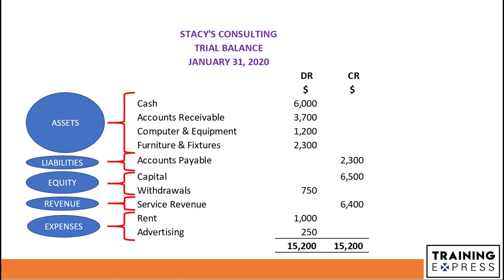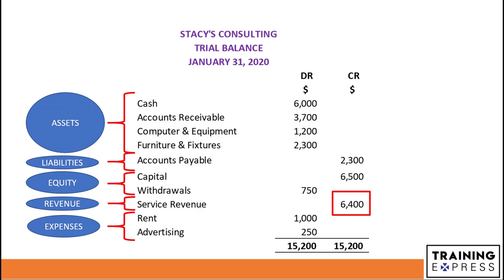On the other side, accounts payable is a liability, and liability has a credit balance, and we are writing the credit balance in the credit column. Capital is part of equity, and capital has a credit balance, so we are writing it in the credit column. And one more, service revenue is a revenue account, and it has a credit balance, so we are writing it in the credit column.